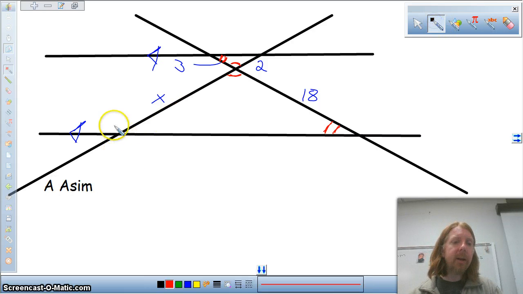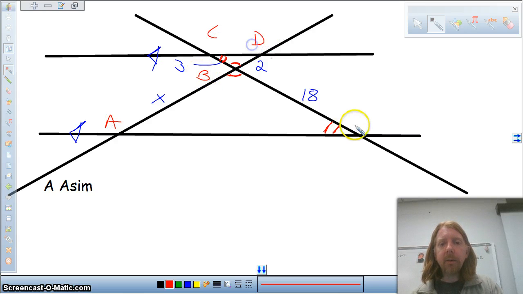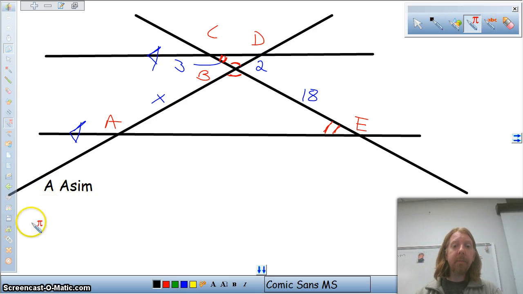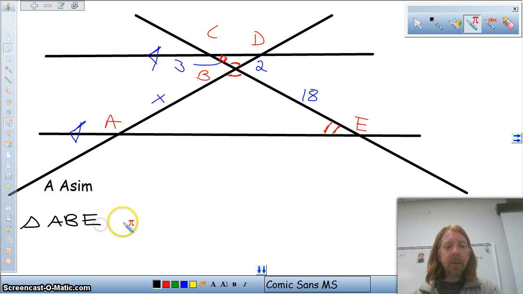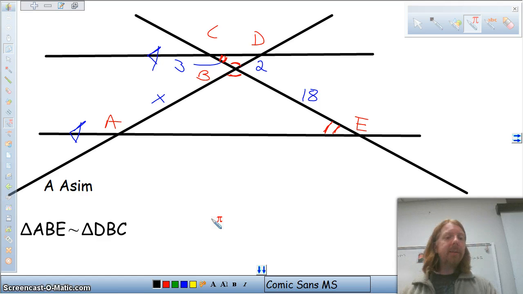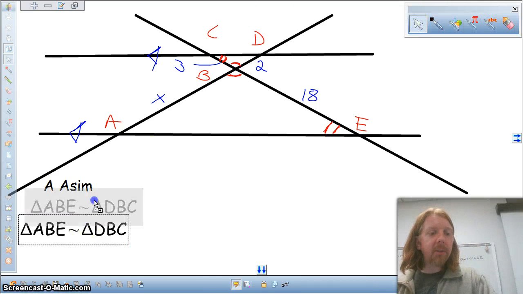For practice, let's write down the similarity statement. A, B, C, D, and E. So that means if I were to write down my similarity statement, I would write that triangle A, B, E is similar to triangle D, B, C. That statement tells me what's going to be similar now.